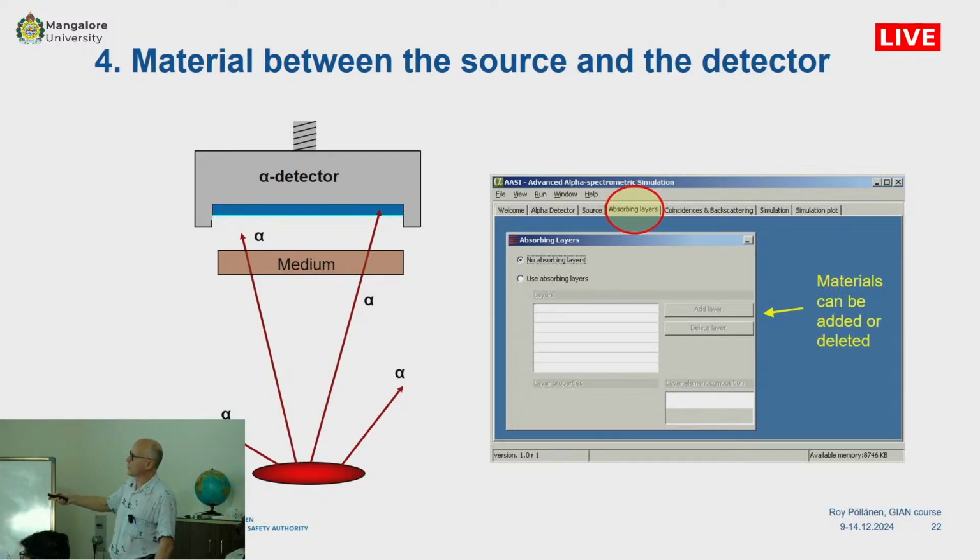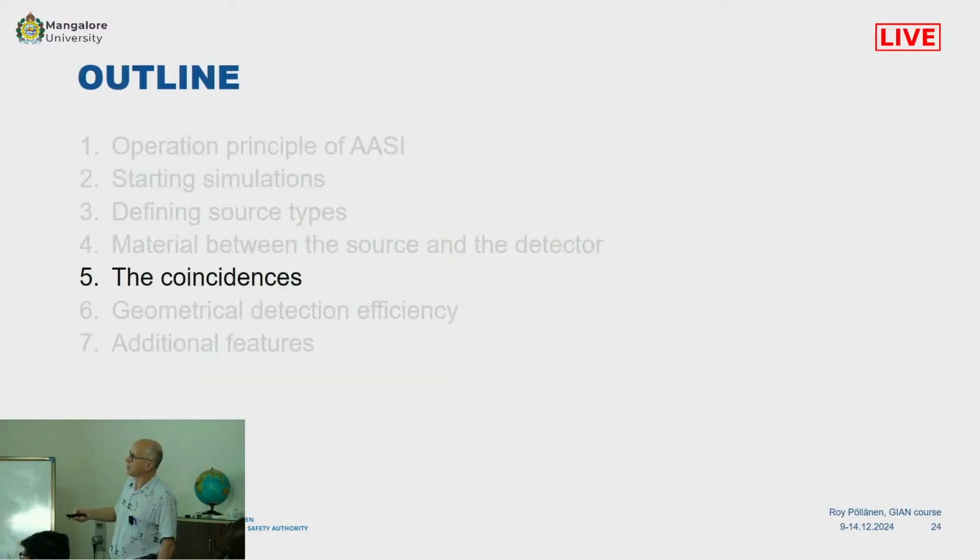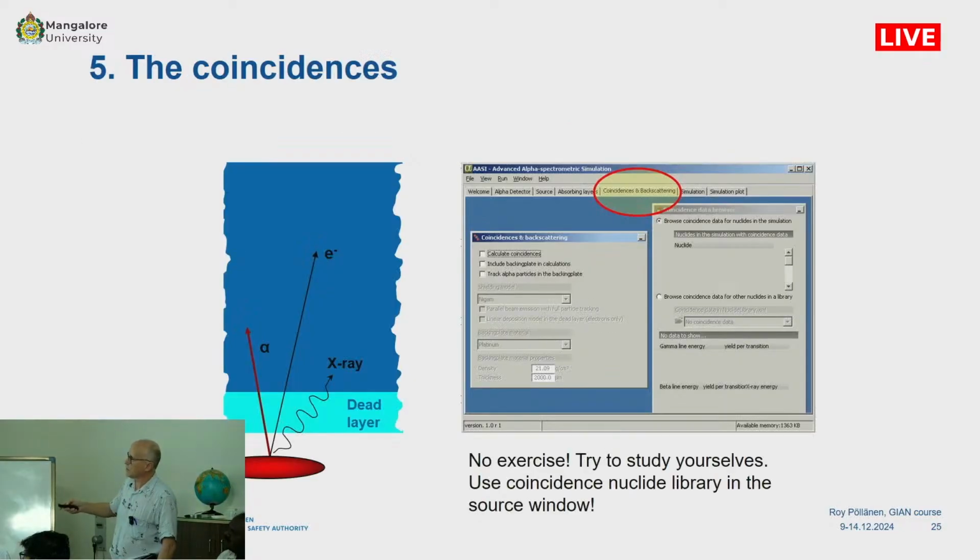No absorbing layers or use it. Simple selection. Please do this later if you want. Just add some layer, define the elemental composition and density and thickness of the material. I neglect these coincidences.